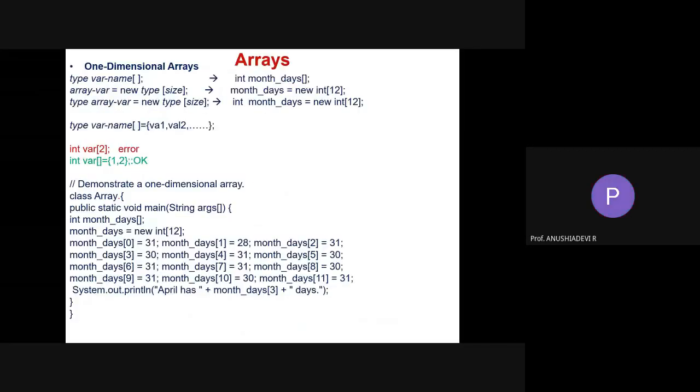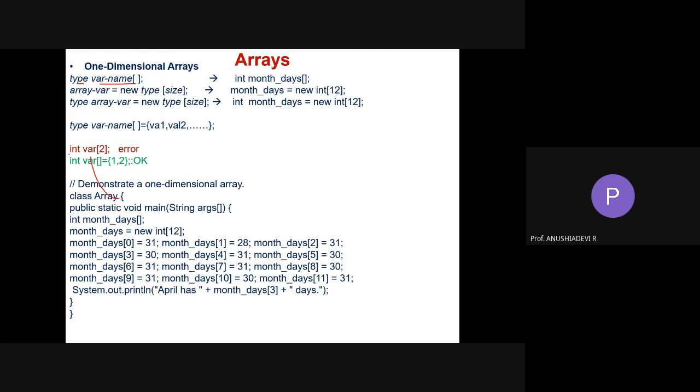Next, we will see the array concept. When compared to C++, here the array concept is somewhat different, in the variable declaration. How do we declare an array variable? Type, variable name, and then you use the open square bracket and close square bracket.